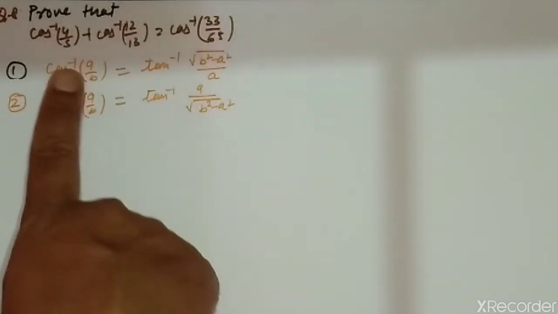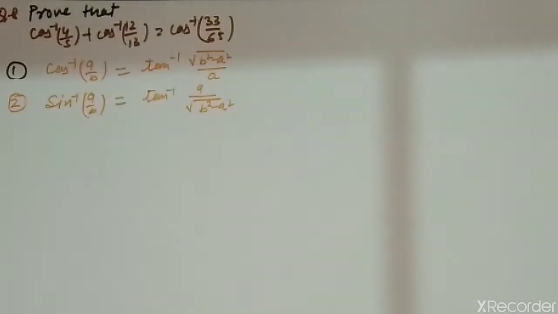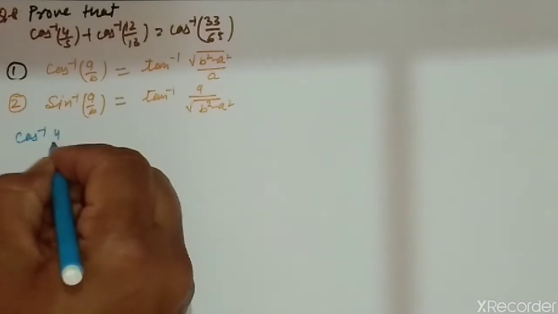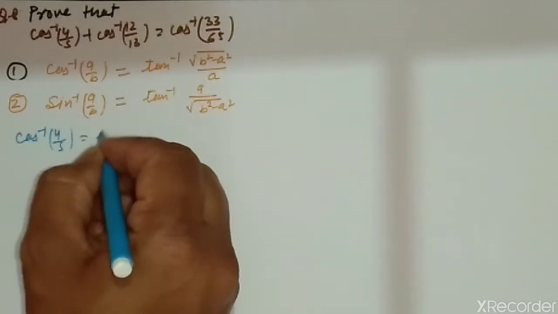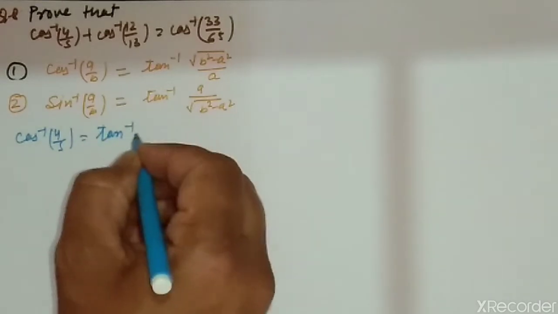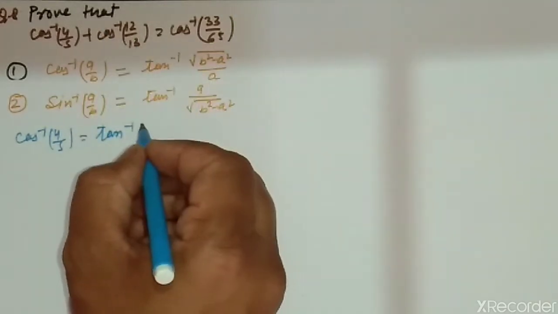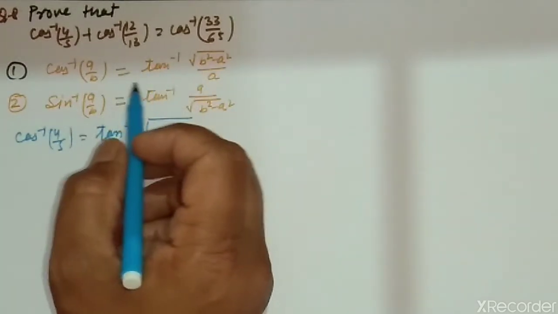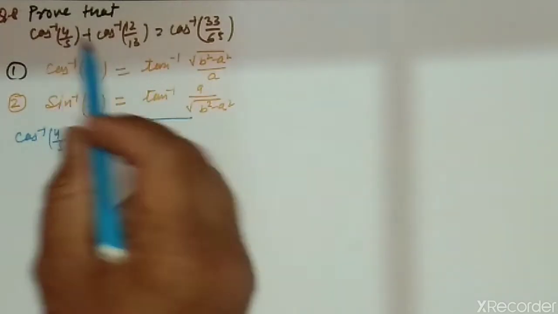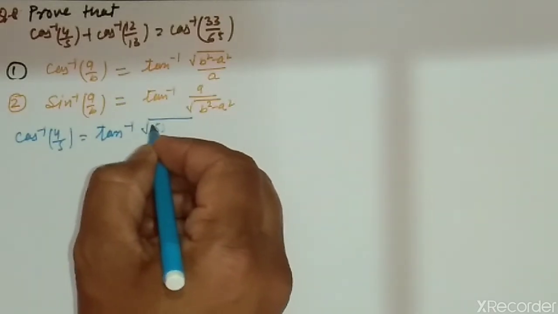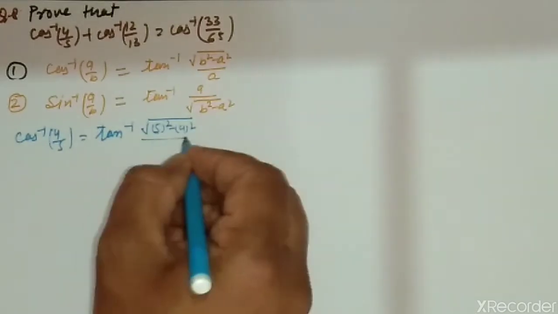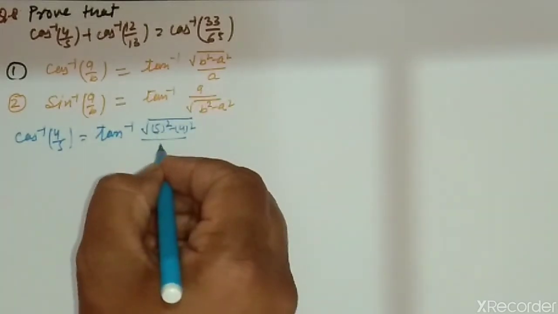First of all, we have to convert this a upon b in the form of tan inverse. Clear? So first, 4 upon 5 we have to convert. Cos inverse 4 upon 5 is equal to tan inverse of under root of b square minus a square upon a. In this case, a is 4 and b is 5. So 5 whole square minus 4 whole square upon 4.